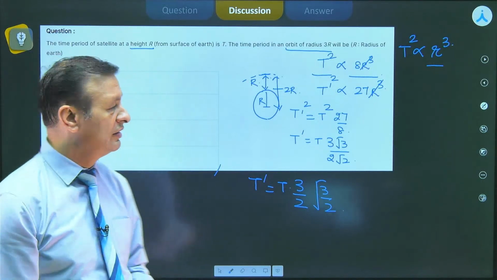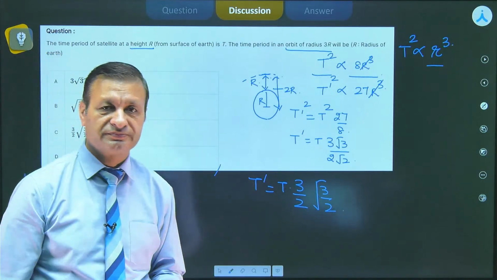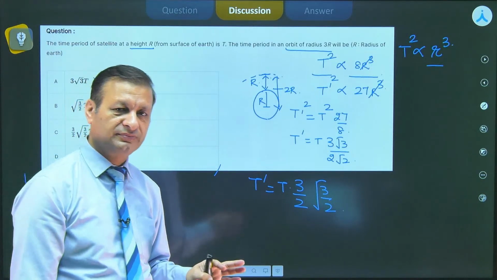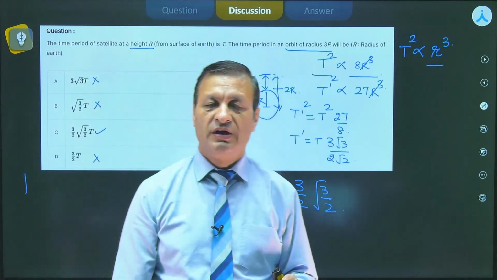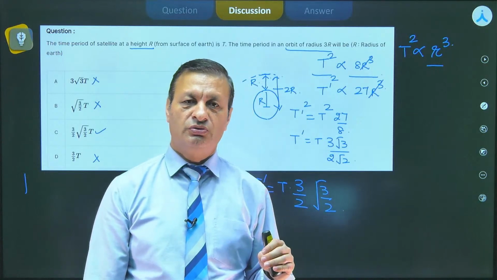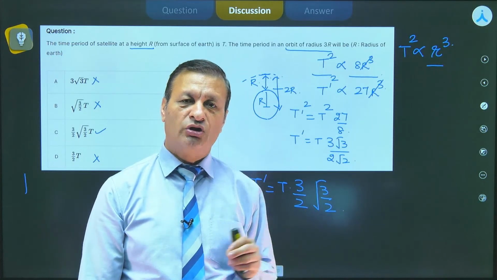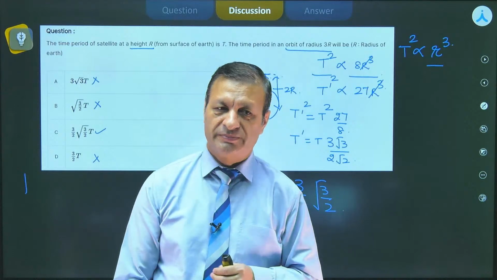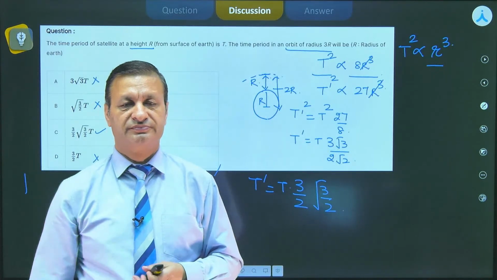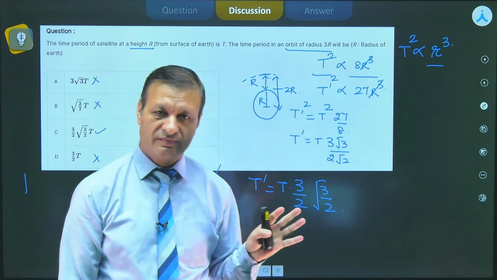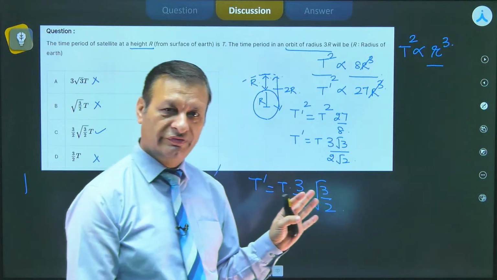Keep focusing. Any doubt from this part? Before we move, I must suggest you please clear your doubts before you move to the next step. All good? Shall we move?